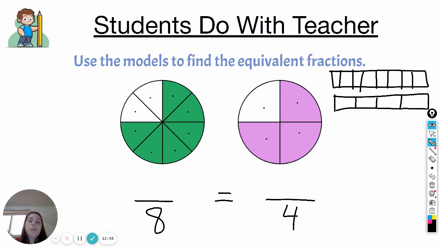Now go ahead and count your numerator and write that down for both shapes, and then we'll check your answer with mine.